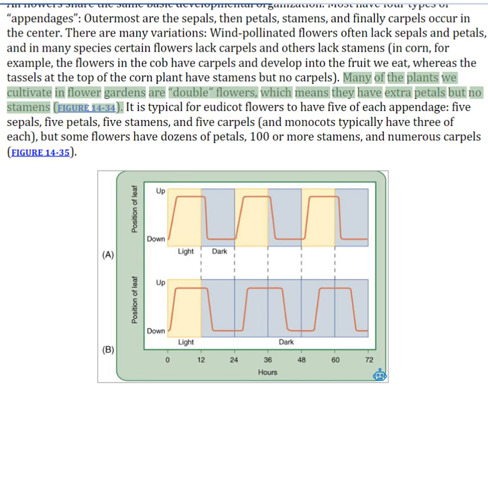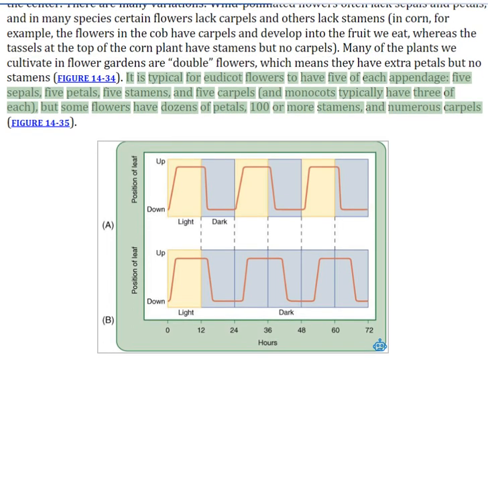Many of the plants we cultivate in flower gardens are double flowers, which means they have extra petals but no stamens. It is typical for eudicot flowers to have 5 of each appendage, 5 sepals, 5 petals, 5 stamens, and 5 carpels, but some flowers have dozens of petals, 100 or more stamens, and numerous carpels.